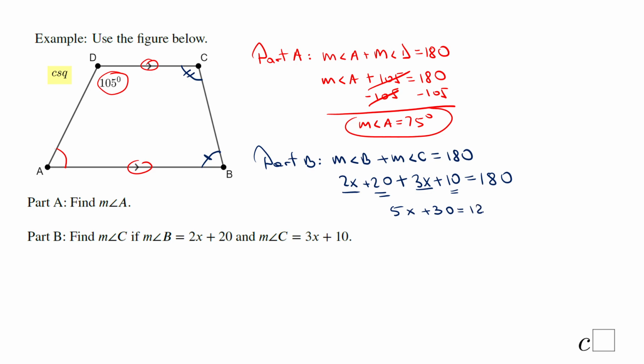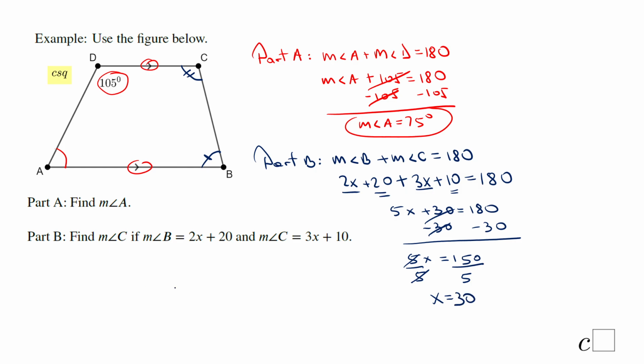5x plus 30 equals 180. I'm going to subtract 30 on both sides, and we have 5x equals 150. Then we divide by 5, so x equals 30.